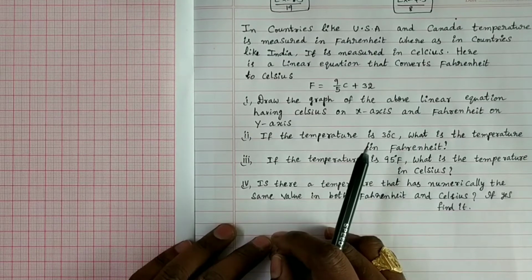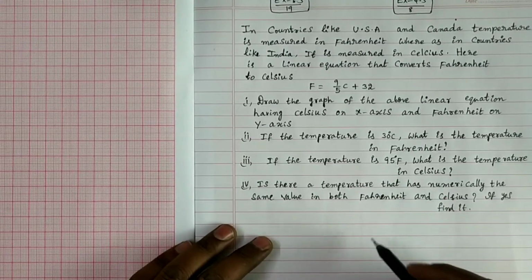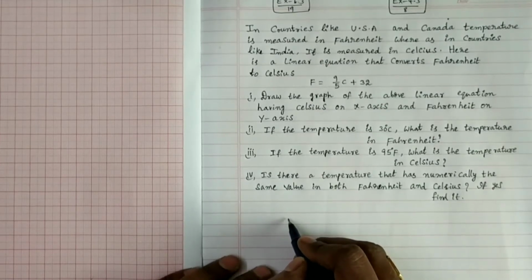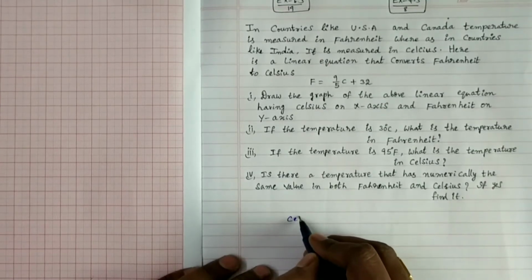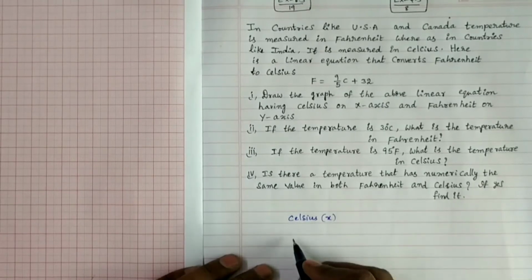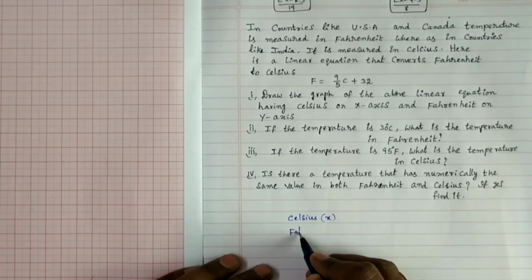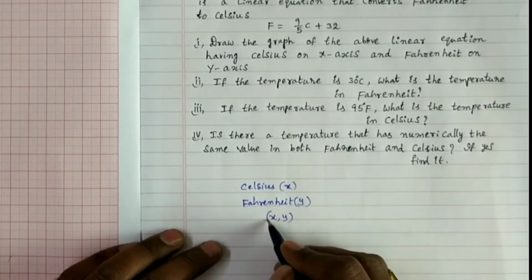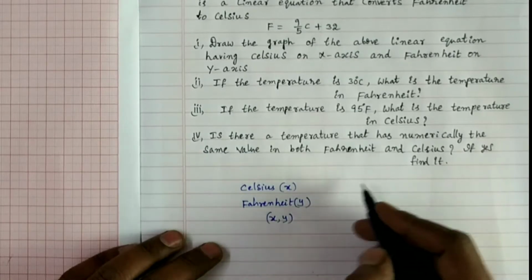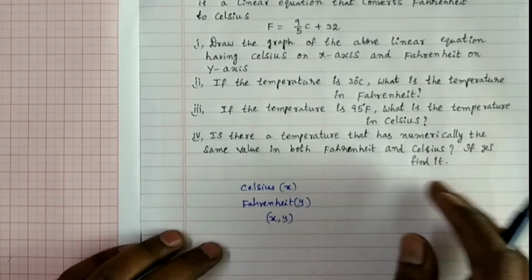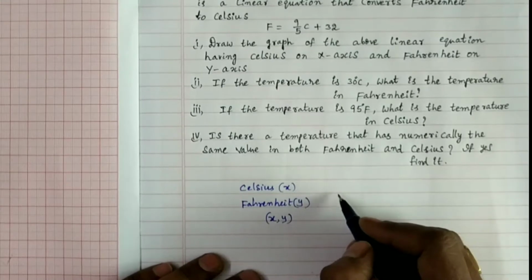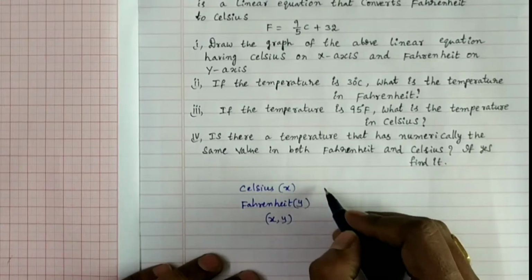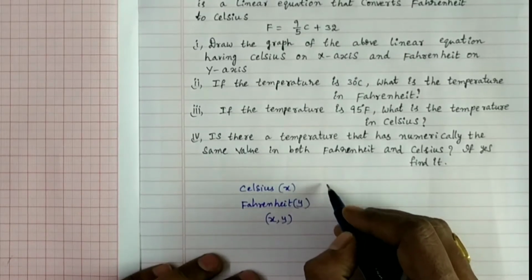So we will take Celsius on x-axis and Fahrenheit on y-axis, and the common point x comma y. So the temperature can be negative, like minus 10 degrees Celsius. So I prefer that first you take one negative value.